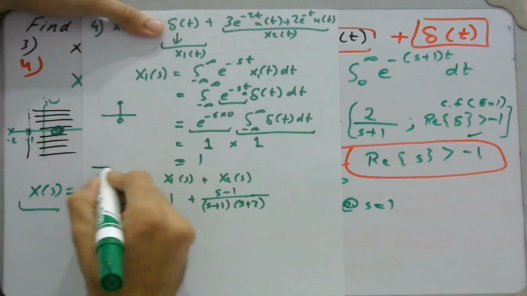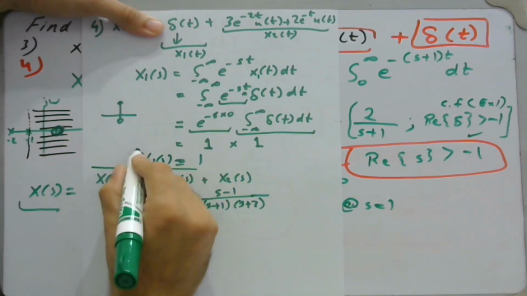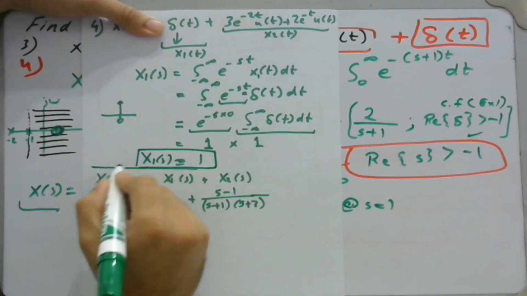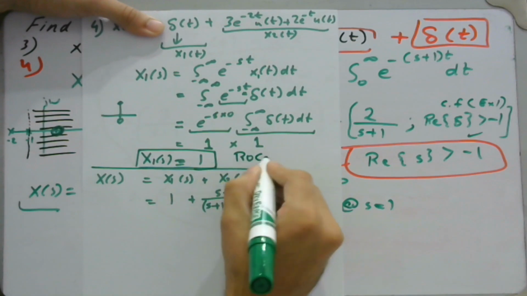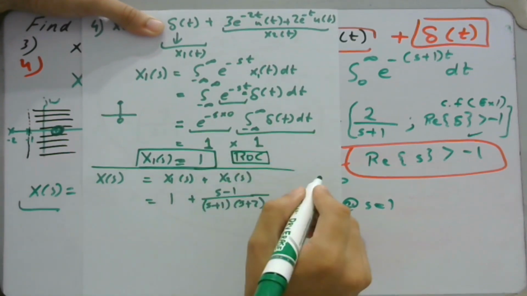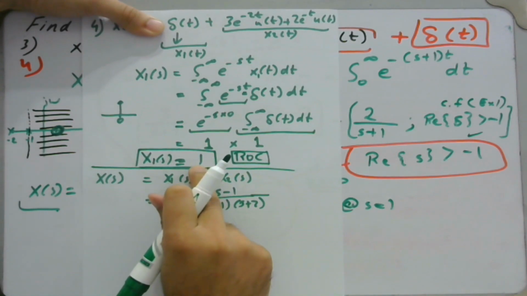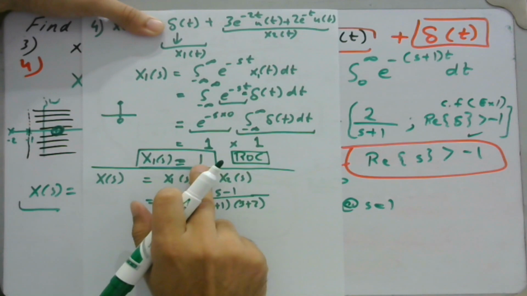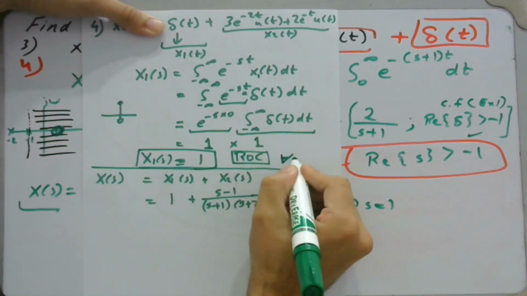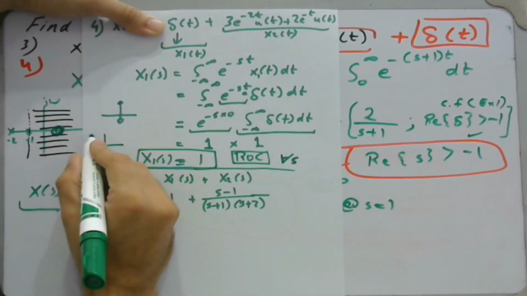But before going to that, x1 of s says that it has a value of 1. But what about the ROC? This says that this is 1 irrespective of any value of s. So for all values of s, x1 of s would be equal to 1. We can simply say for all s. So the whole s plane is the region of convergence.